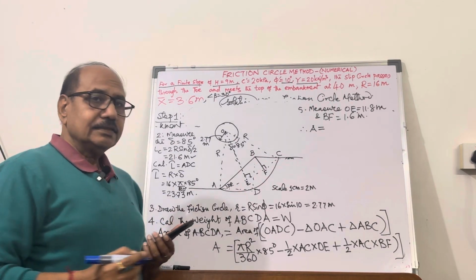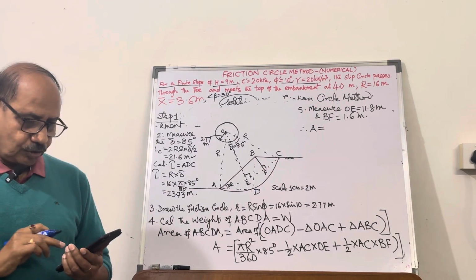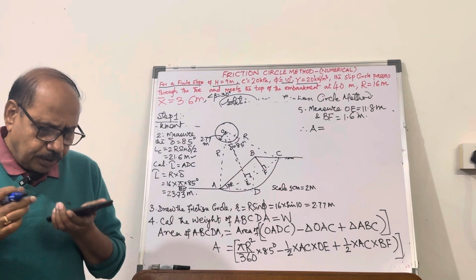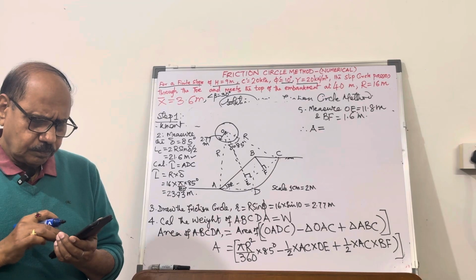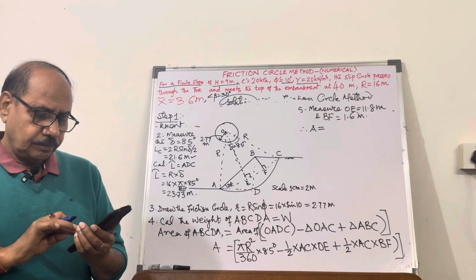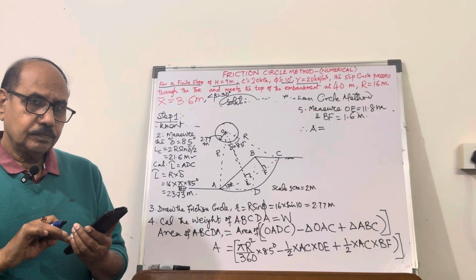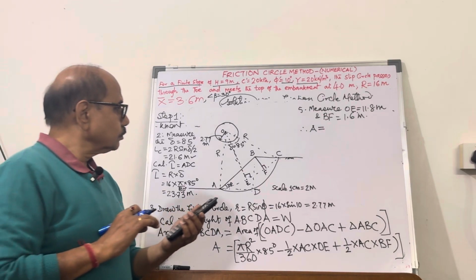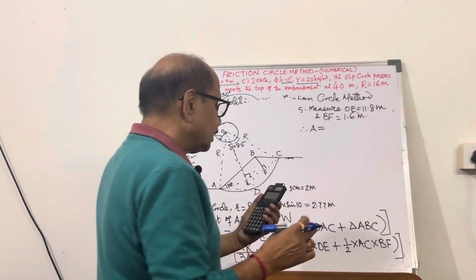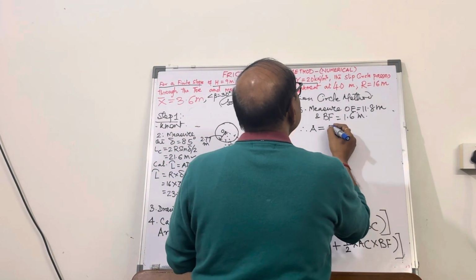And then the area A is going to be 79.67.